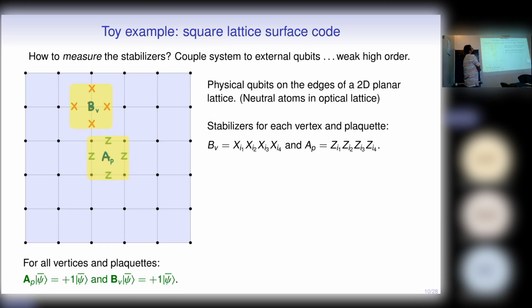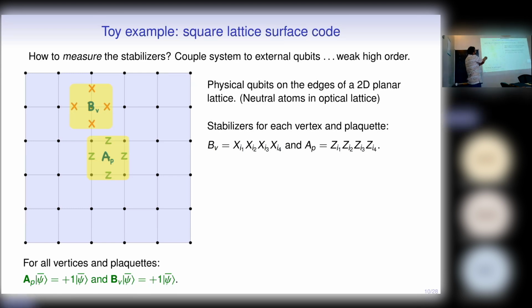Now, one of the first observations we made was that, first of all, these operators, to have a common eigenstate, they have to commute. Earlier, we explicitly checked it. Now we can check it geometrically. Why? Because if you take any vertex and any plaquette, the commutations actually matter when they share an edge.